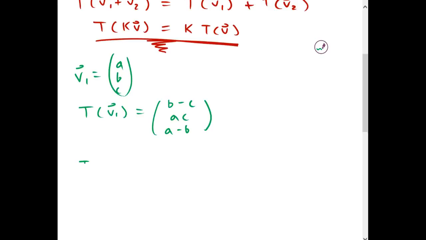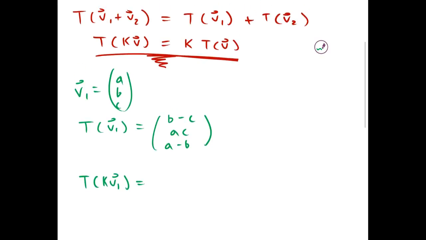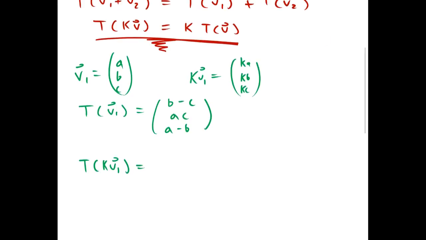Now if we do the transformation of k times v1, k v1 is ka, kb, and kc. So we should get kb minus kc, ka times kc, and ka minus kb.